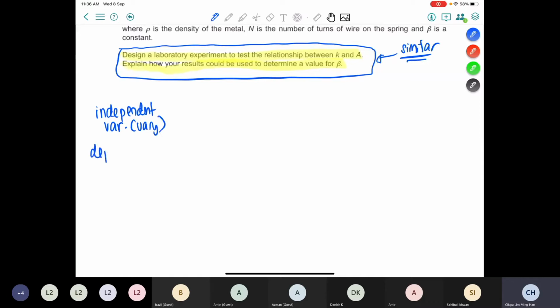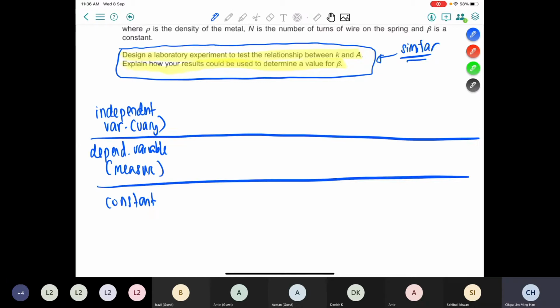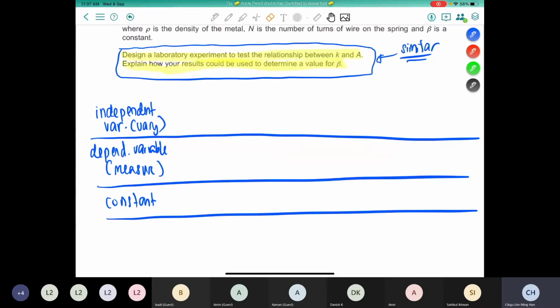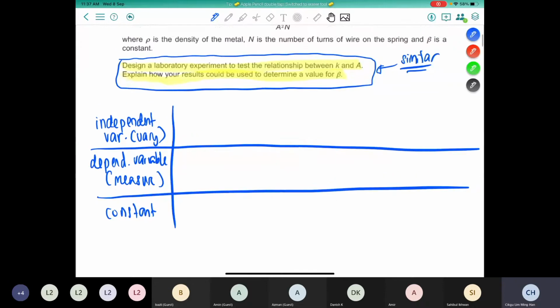You can also have the dependent variable, something that you measure, and then there is a constant. These are the three things that you must be aware of. Let's have a look here.